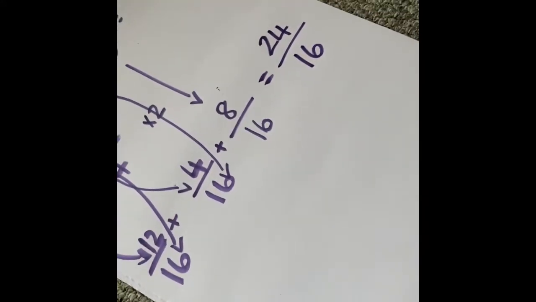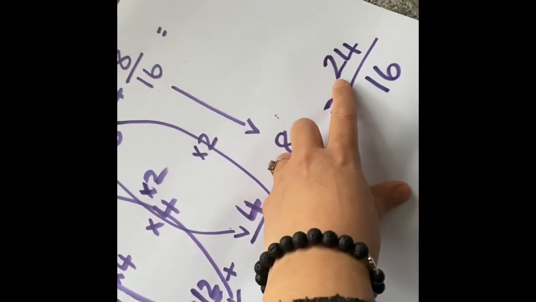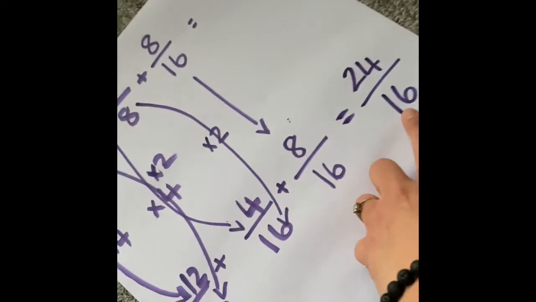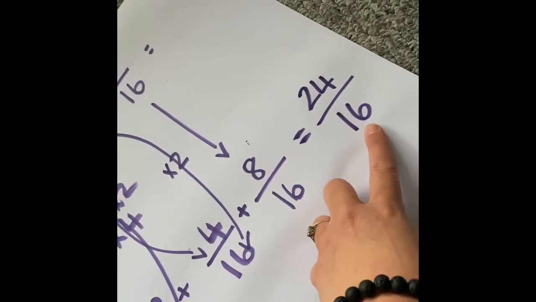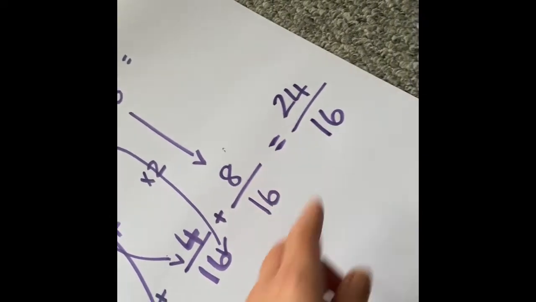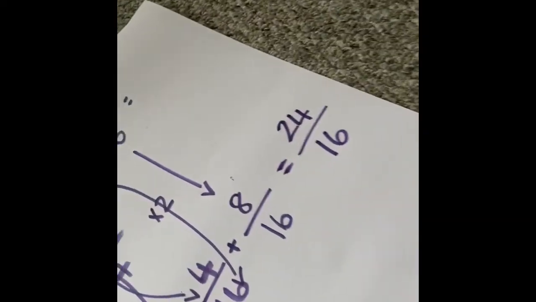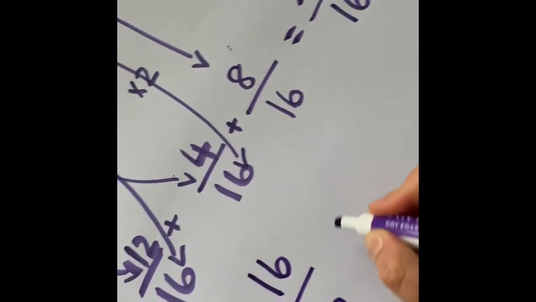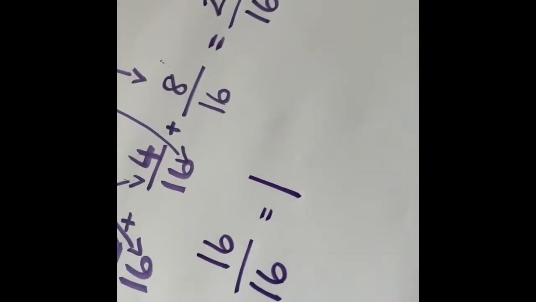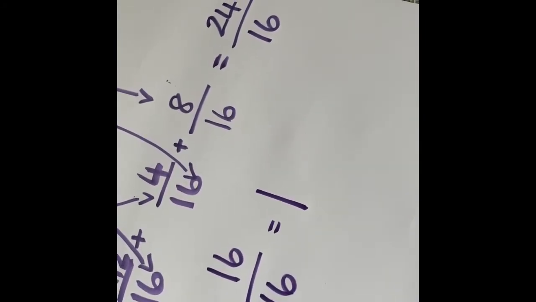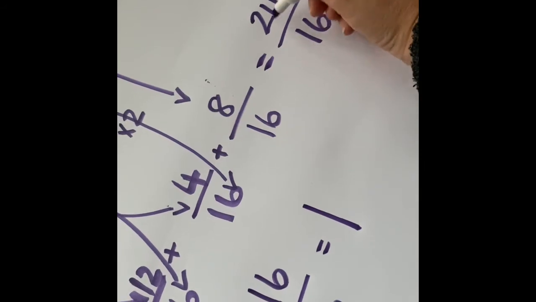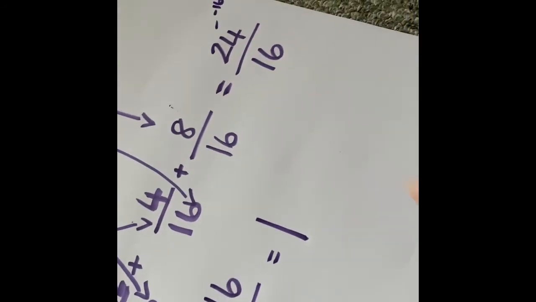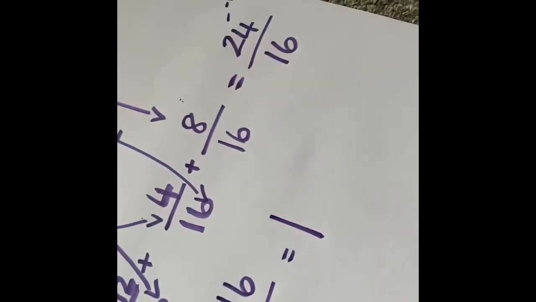This is an improper fraction because I have a heavier numerator than I do denominator. My whole has been divided into 16 parts. 24 have been shaded. I know that my whole is made up of 16/16. So I have taken 16 from here, minus 16 away from here. I need to know how many are left over.